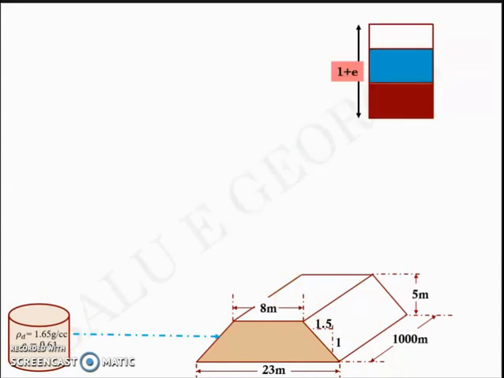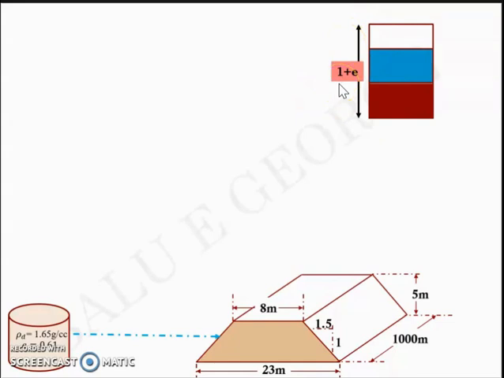Now, based on the three-phase system diagram, in the first module we had said that when the volume of the soil is taken as 1 or unity, the void ratio e is equal to the volume of voids. So when this volume is equal to 1, this volume is equal to e, so the entire volume can be represented as 1 plus e.